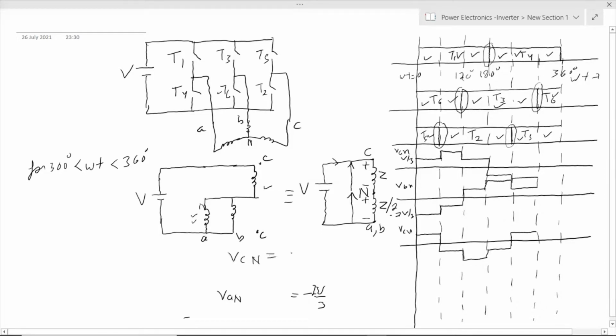VCN will be equal to 2V by 3. And what will be your VAN? So VAN will be minus V by 3. And what will be VBN? VBN will remain same. Okay, so let us just complete it. So VAN remains at minus V by 3. VBN also comes down, okay, and VCN will be 2V by 3.